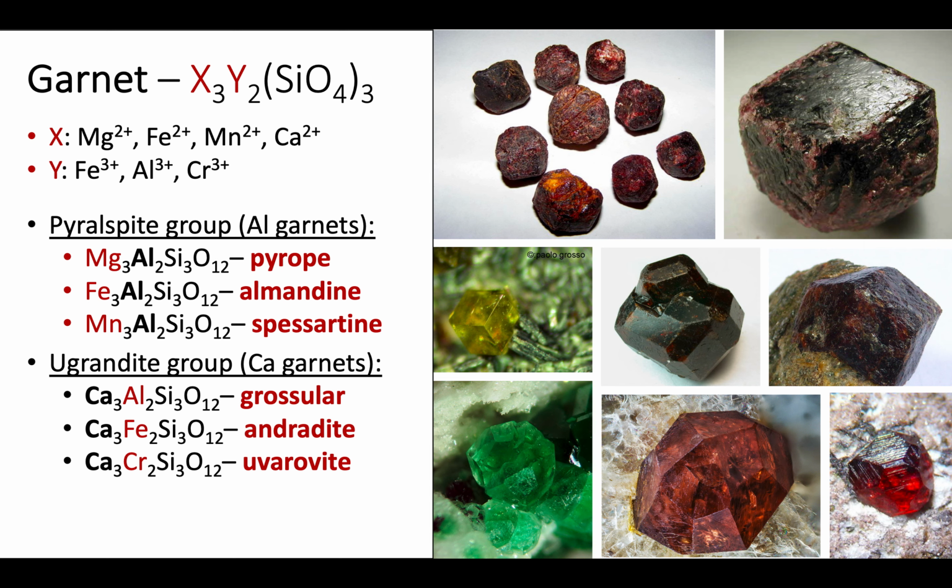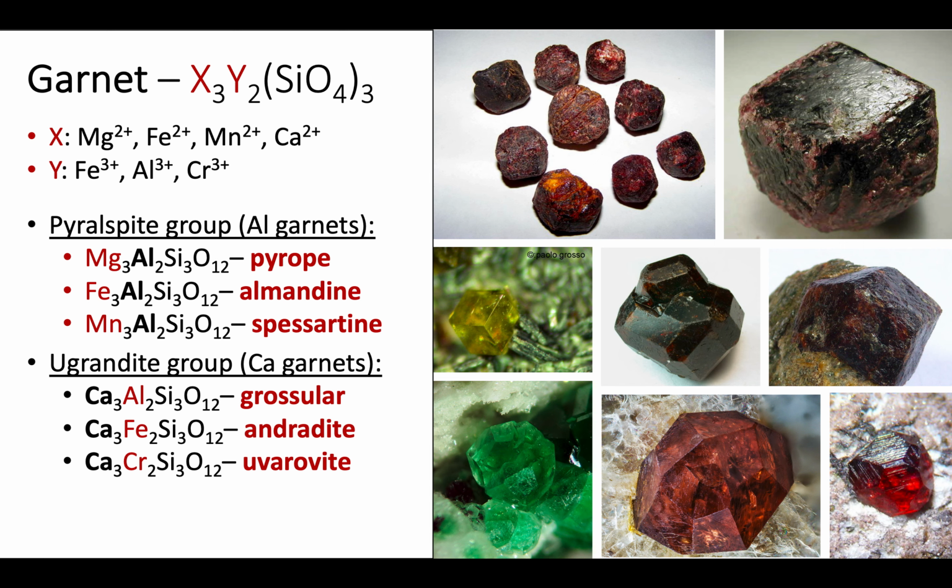When I'm trying to remember the formula for garnet, I usually remember that there are 3 of the 2+ sites and 2 of the 3+ sites. That adds up to 12, and that's going to cancel out the SiO4 4- that we have 3 of.